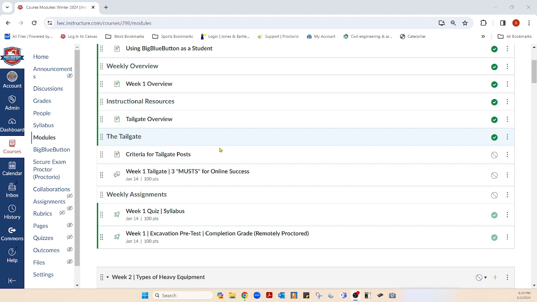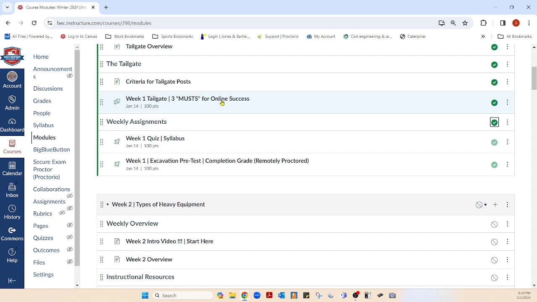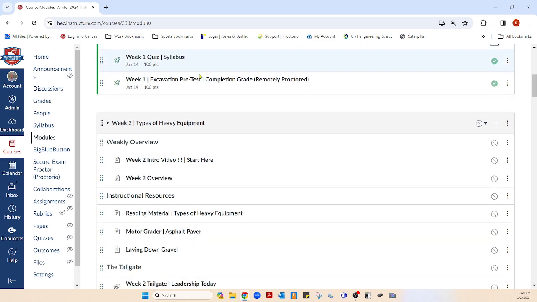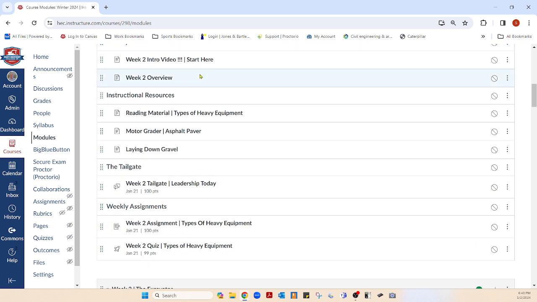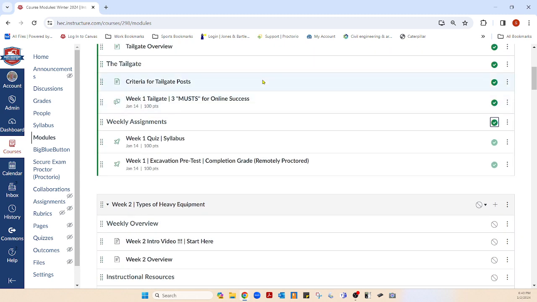And be sure to do the tailgate and go ahead and publish these while I'm thinking of it, because you'll be ready to go. You'll be through with week 1 by the time you are here, so make sure all these assignments have been done. There's a quiz, there's a pre-test, and there's a tailgate. You'll be scored on those.